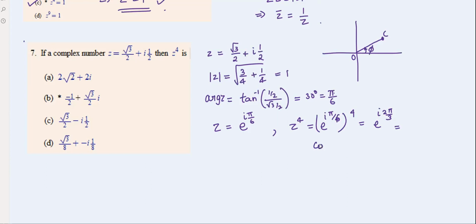So this is cos 2 pi by 3 plus I sine 2 pi by 3. Now cos 120 is minus half and sine 120 is root 3 upon 2. So this is what we get.